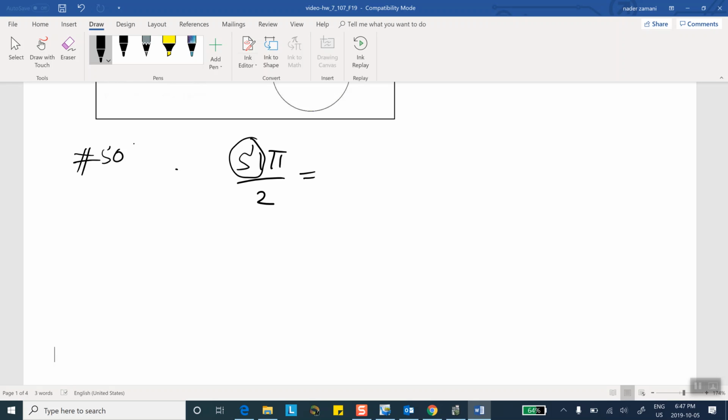How many 2 pi's do I have here? Let me write it like this: 50 plus 1, over 2, times pi. So 51 is 50 plus 1. That is 25 pi plus pi over 2.